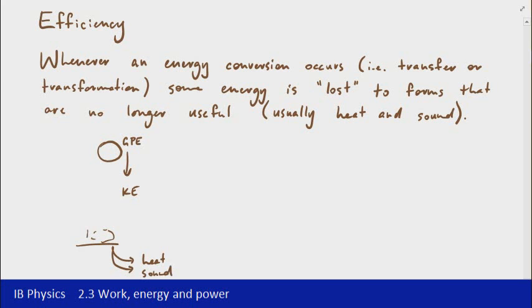I should also mention elastic potential energy as the ball's bouncing. When it bounces back up again, the ball will end up not getting to as great a height as it did initially. So the final GPE will be less than the initial GPE because energy has been lost to those forms.